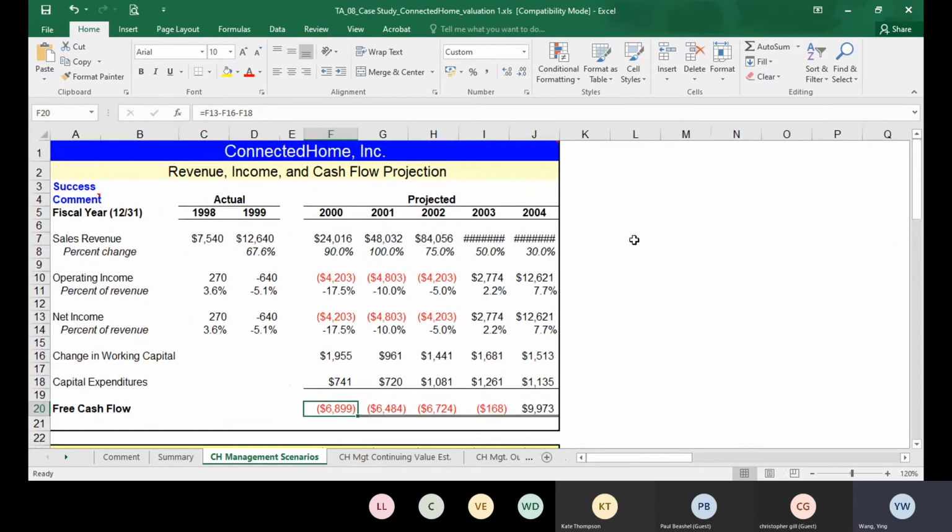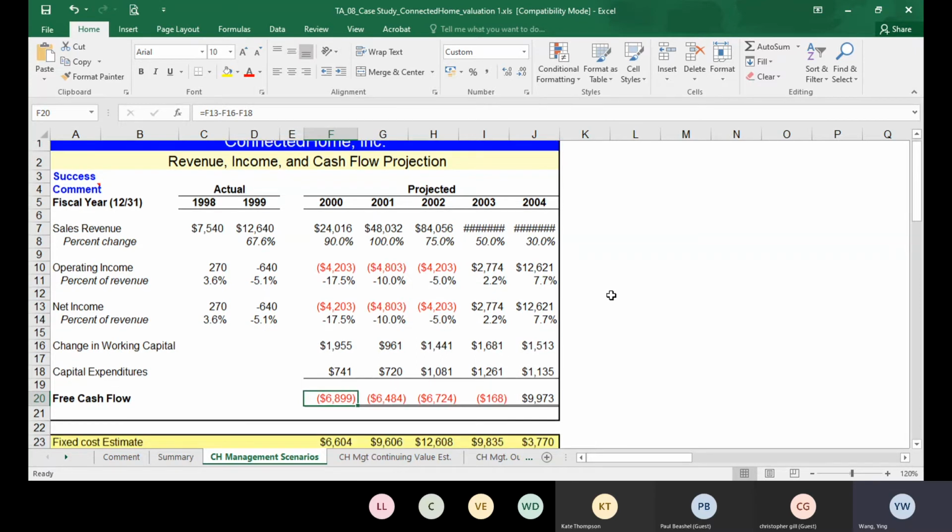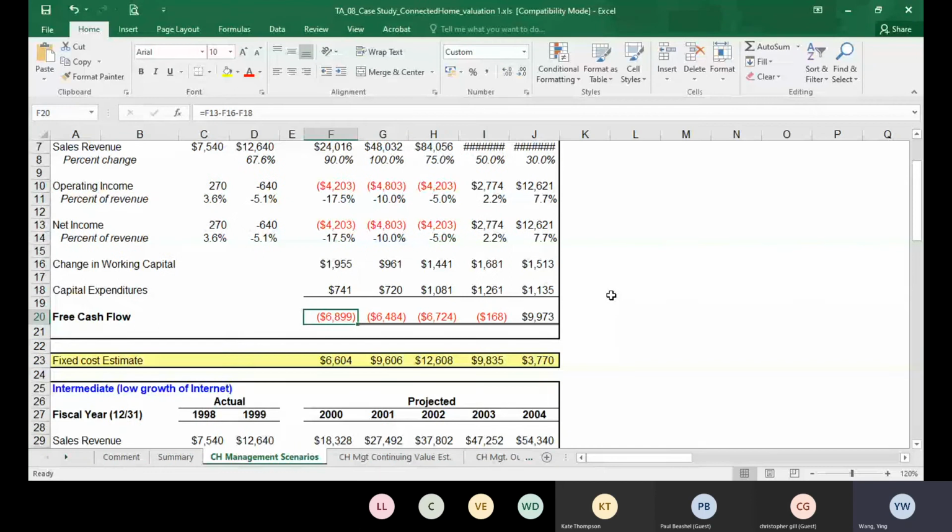So this is the spreadsheet, and currently what you see is the revenue, income, and cash flow projection. Based on the years that they consider, they use this projected 5 years about the revenues, about the sales, about operating income, net income, and working capital, capital expenditure, etc. So they make some assumptions of this, and then they project the cash flow.